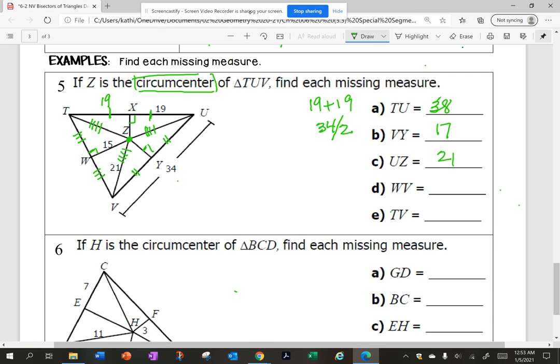So W to V, so where's W to V? I'm going to look at this triangle here. I need to redraw that so I can see that I have a right triangle.